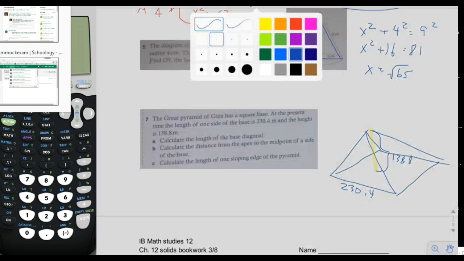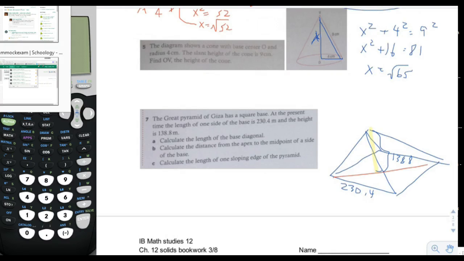Okay, so that would be the red line there. So if we drew that out flat, this side would be 230.4 and this side would be 230.4, and we're looking for the length of the diagonal here. So we could use Pythagorean's theorem.